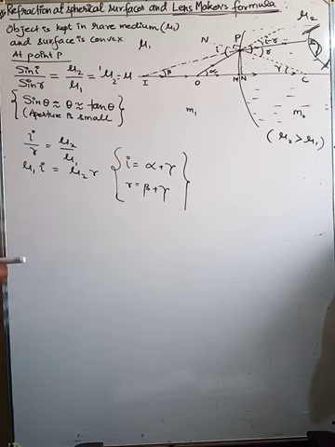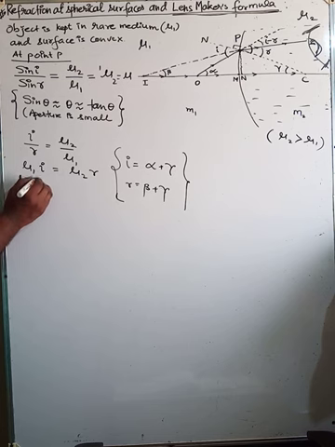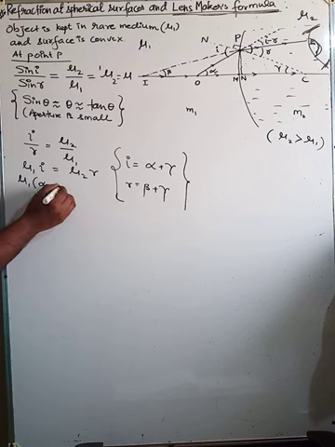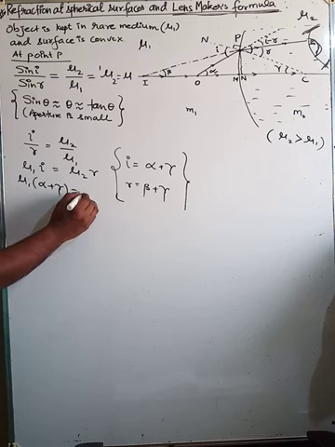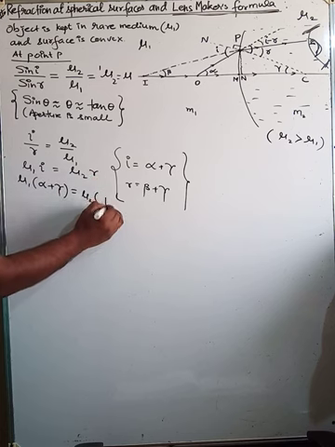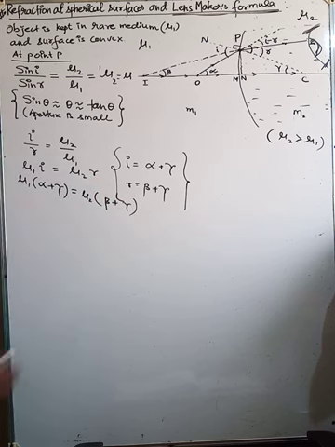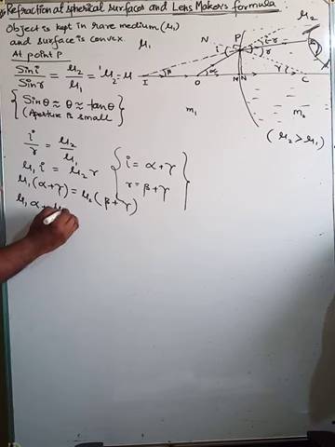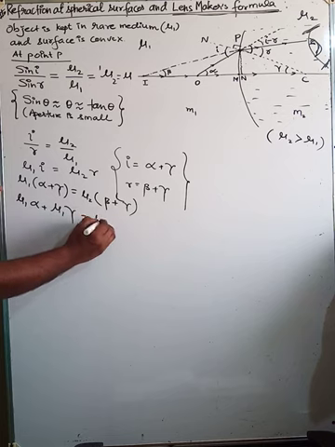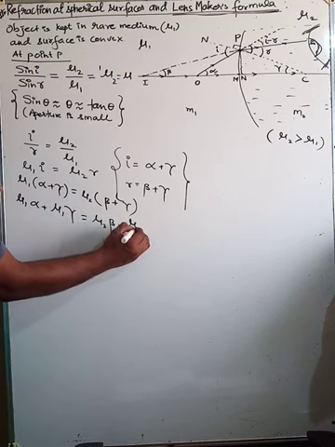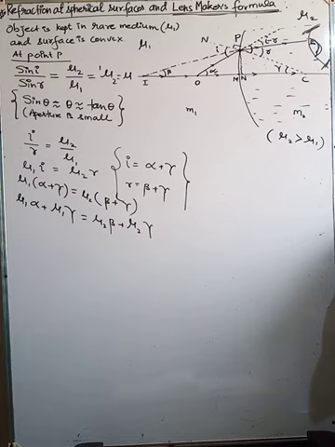Now let us substitute the values. So mu1, in place of I, you write alpha plus gamma. Mu2, in place of R, beta plus gamma. Do the multiplication: mu1 alpha, mu1 gamma equals mu2 beta, mu2 gamma. Now keep the gamma terms on one side, a little rearrangement.